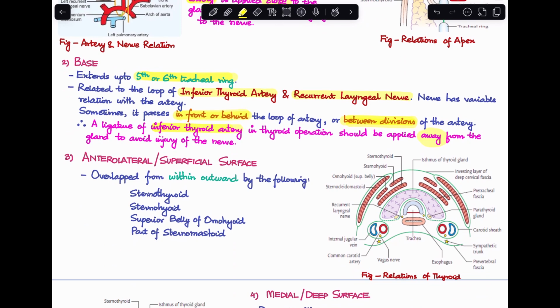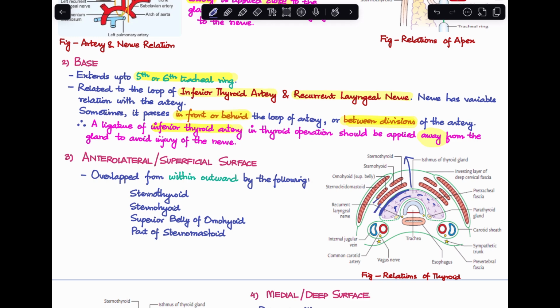Next, coming to the anterolateral surface or the superficial surface. So, you can see that this purple colored structure over here is the gland. This is the anterolateral surface that I have marked here. Now, the anterolateral surface is overlapped from within outwards by the following muscles. The first muscle is the sternothyroid muscle.